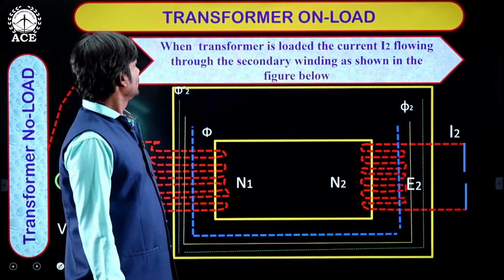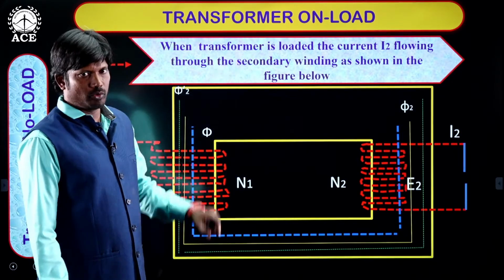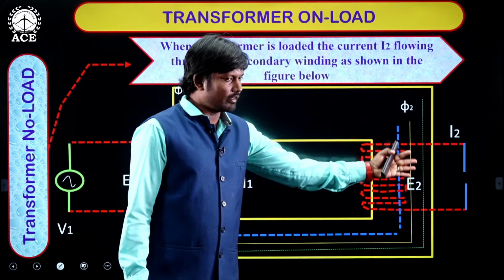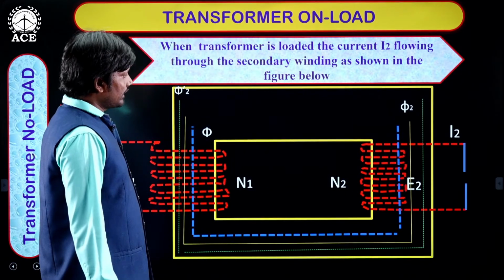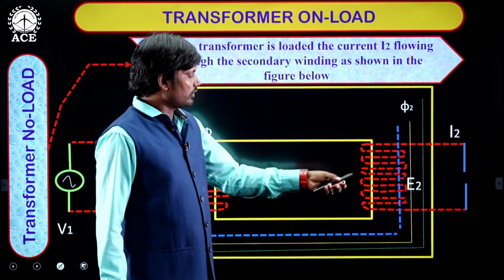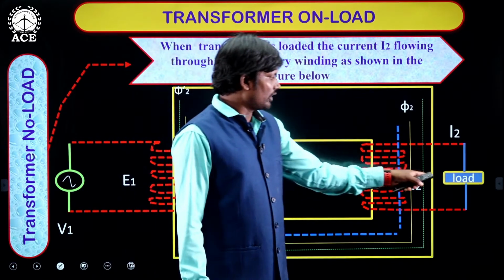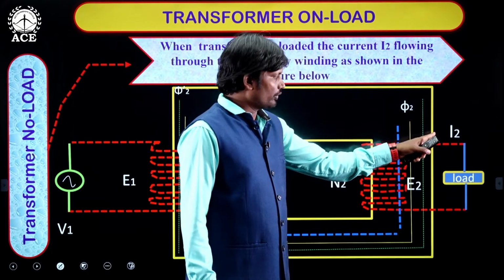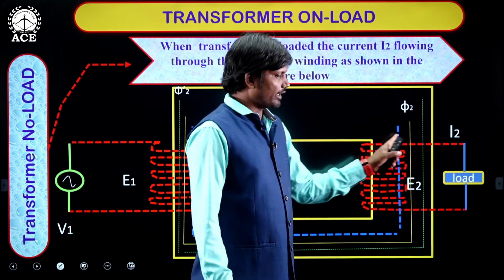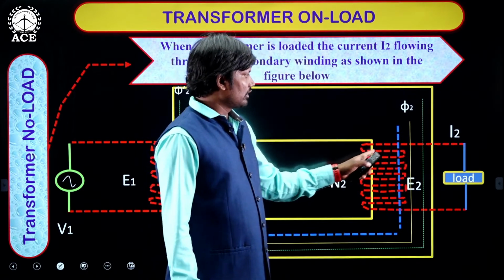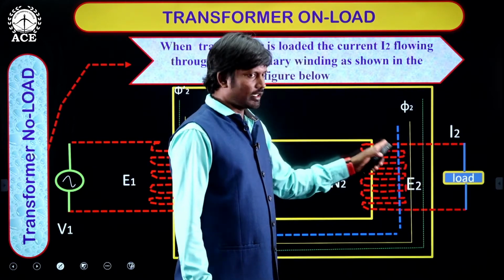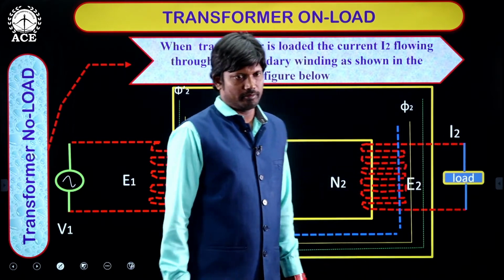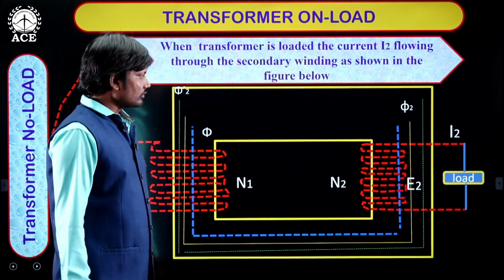Now, when a transformer is loaded, see here, this is the secondary side, this is the primary side. When the transformer is loaded, the secondary current I2 flows through the secondary winding as shown in the figure. Secondary current flows through the secondary winding when the load is connected.